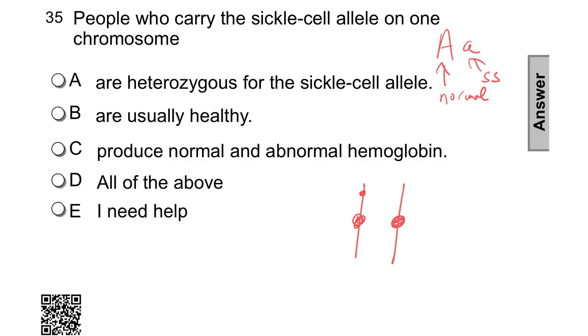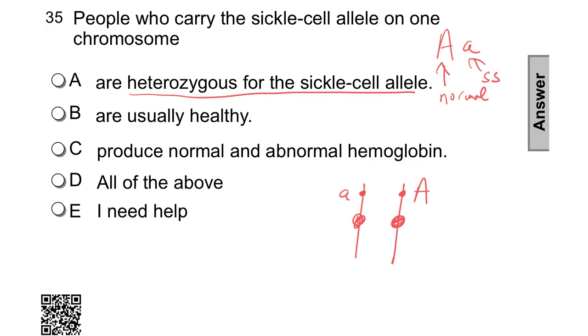So if you have little a here, you could have on a homologous chromosome big A, and then you'd be okay. So you could be healthy. Okay, so are heterozygous for the sickle cell? Yeah, you could.